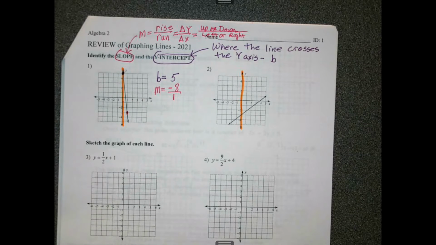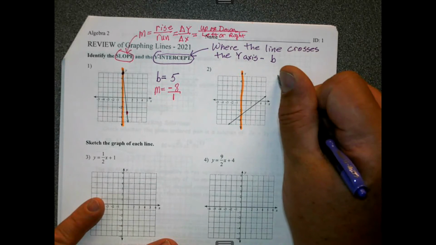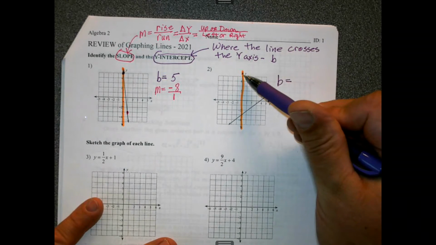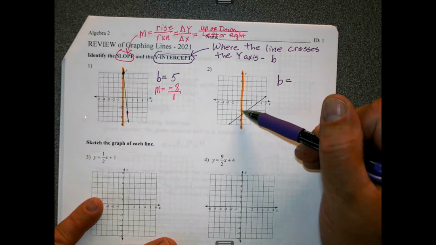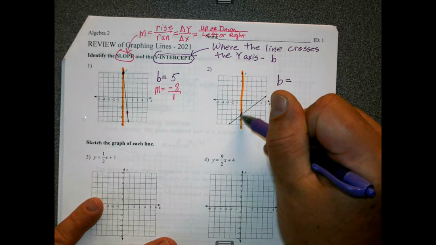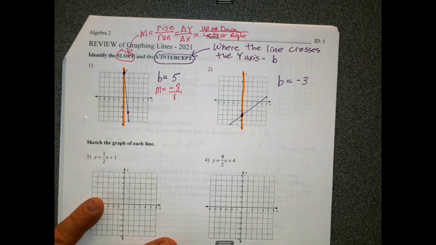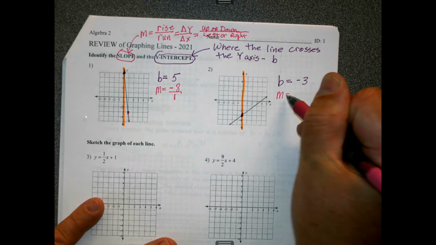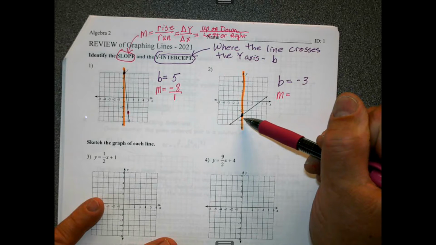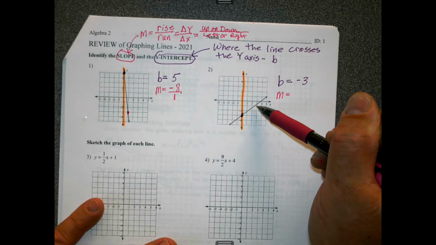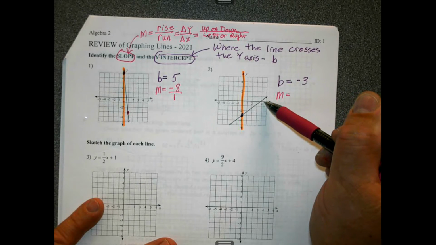Number 2, my y-intercept where it crosses my y-axis. Here's my y-axis. Here's where it's crossing at -3. Then my slope. I'm going to pick another point here, crossing the intersection of a grid.